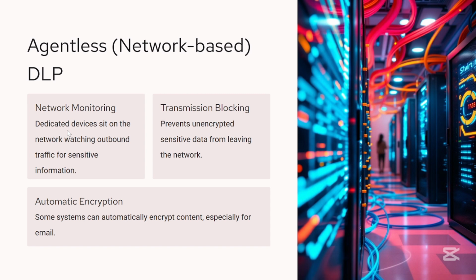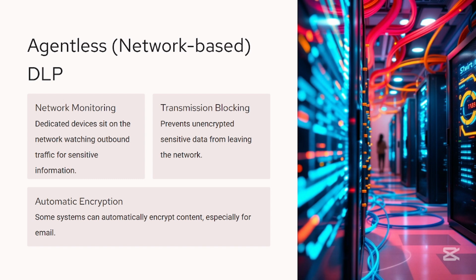So they monitor outbound traffic that is leaving our network for sensitive information. So during this monitoring, they are able to prevent unencrypted sensitive data from leaving our network in case it's detected.